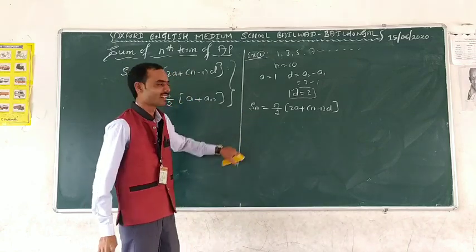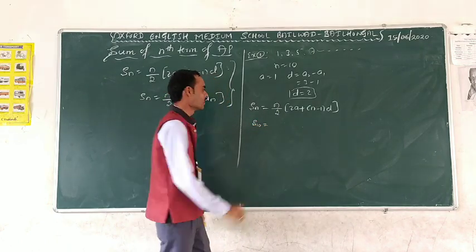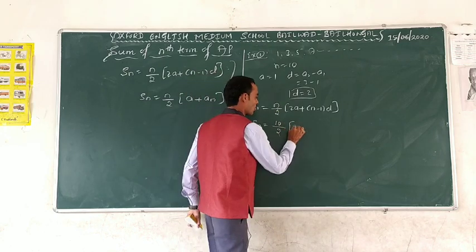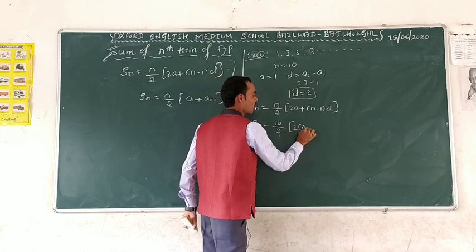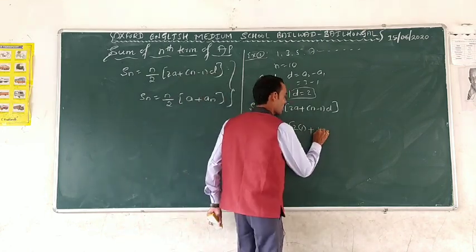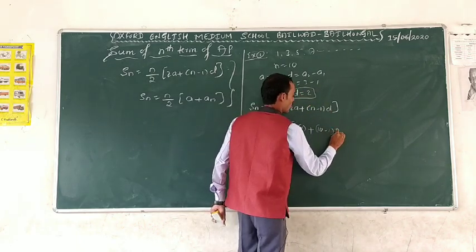Here n is equal to 10, therefore S10 is equal to 10 divided by 2. Next, 2 into a is nothing but 2 into the first term, that is 1, plus n minus 1, that is 10 minus 1, into d, the common difference, which is 2.